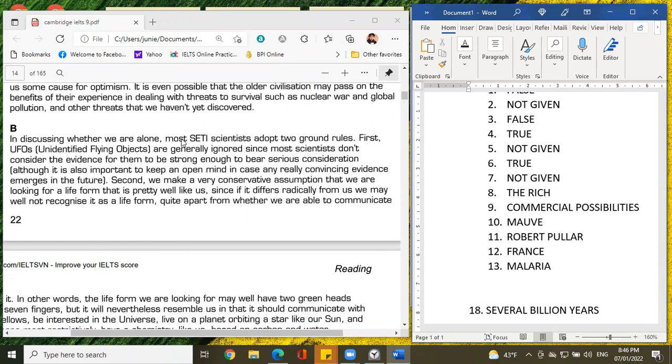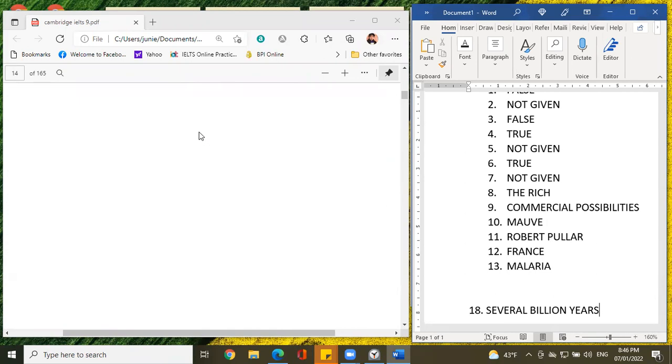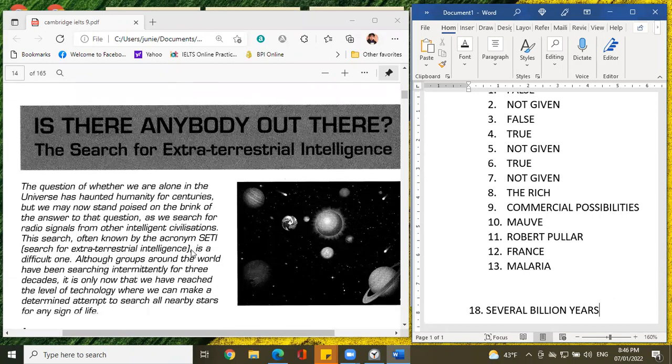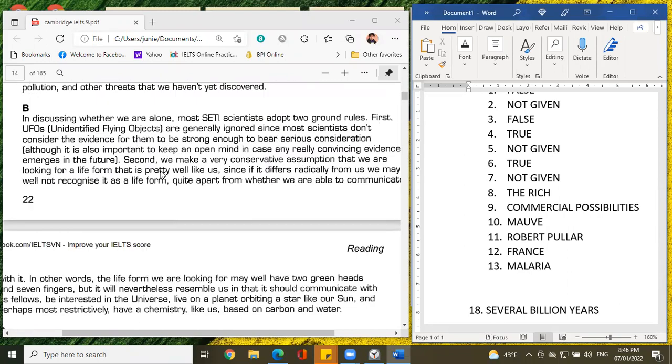In discussing whether we are alone, most SETI scientists adopt two ground rules. First, UFOs are generally ignored. Ano ba yung SETI? That is, search for extraterrestrial intelligence. Second, we make a very conservative assumption that we are looking for a form that is pretty well like us.